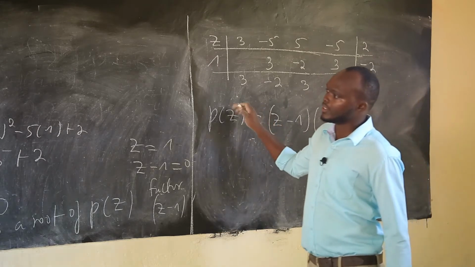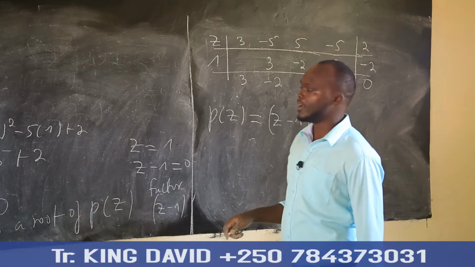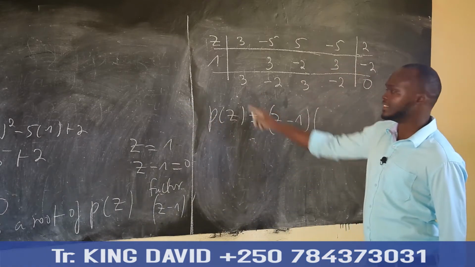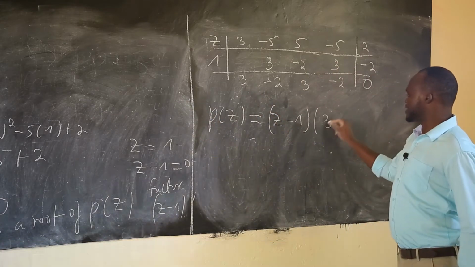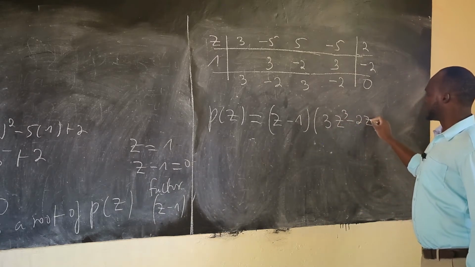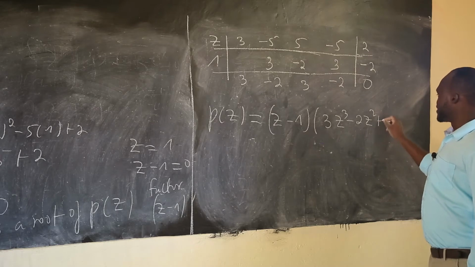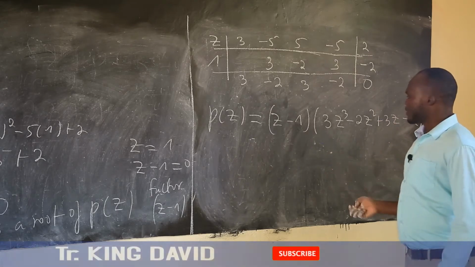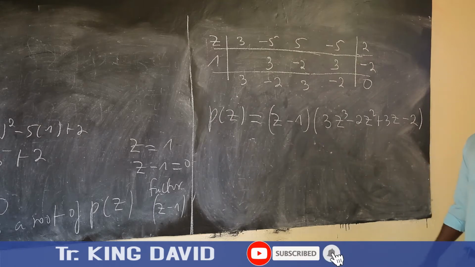We started with z^4, so here it will be z^3, which is 3z^3 minus 2z^2 plus 3z minus 2. So now, this is power 3.